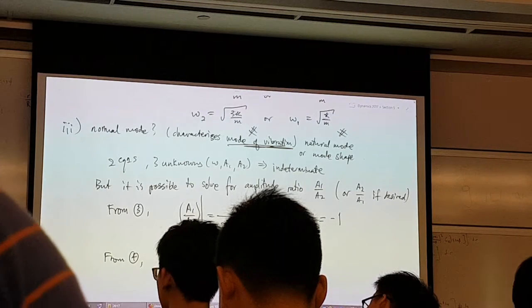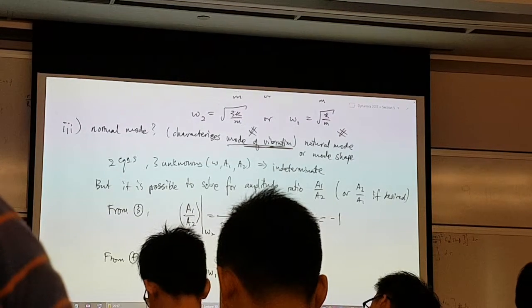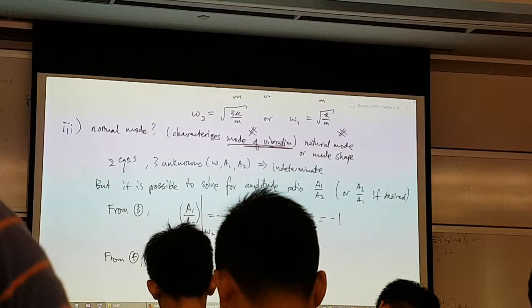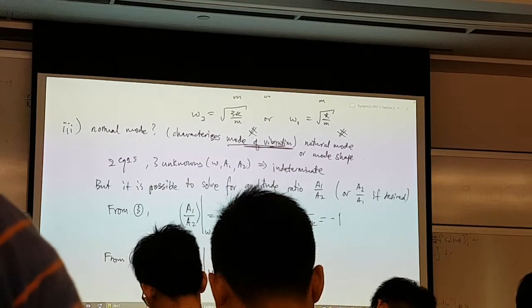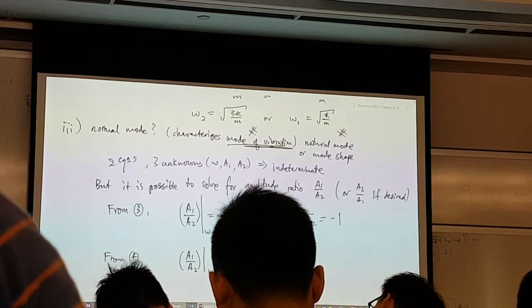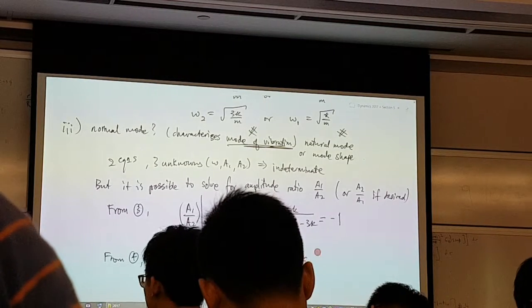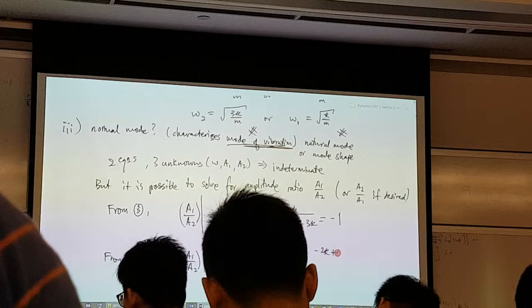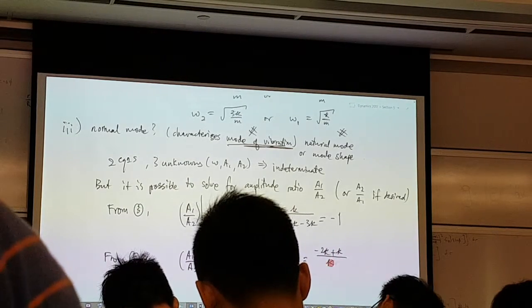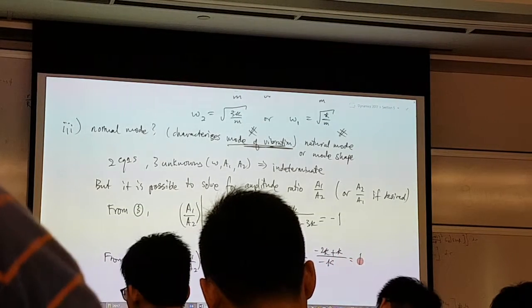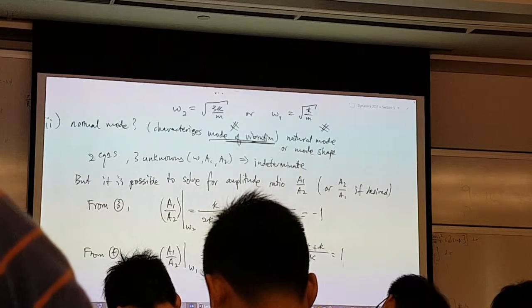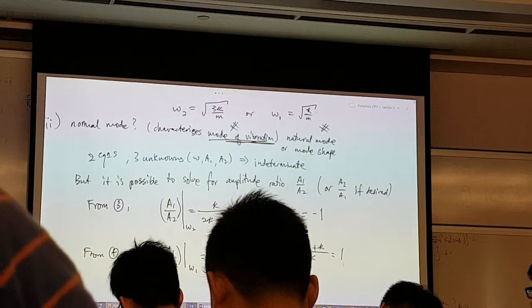So that one, minus 2k minus m omega squared, so it becomes m over k, and then divide by minus k. So again, m and m could cancel. So minus 2k plus k divided by minus k. So I get 1. So these are the amplitude ratios.